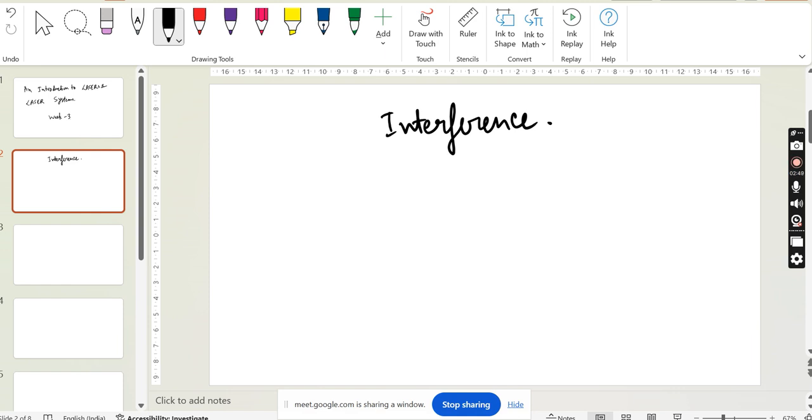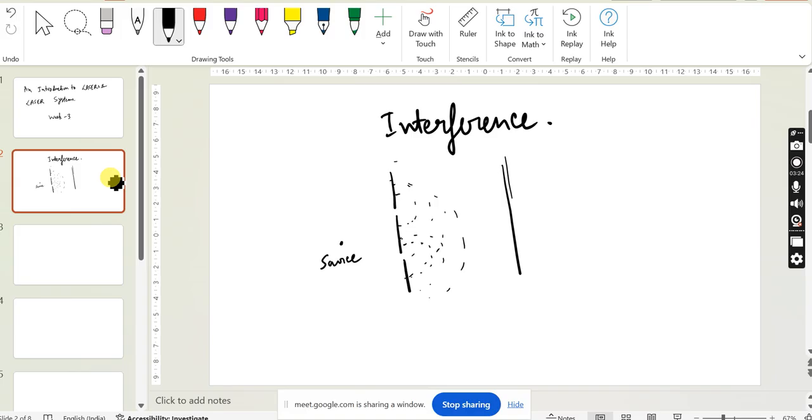So basically, what is interference? Basically, if you have two slits and there is one source, the wavefronts from each slit interfere with each other, and they form a pattern on the screen.